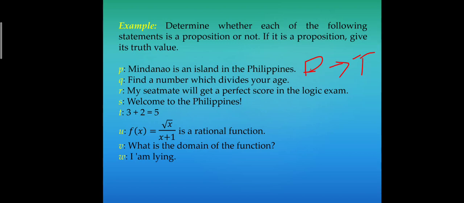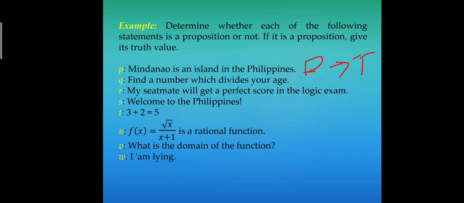Let's explain it this way. Suppose W is true. Let us assume that W is true. That is, it is the case that I am lying. Since I am lying, my statement is not true. And so, W must be false.